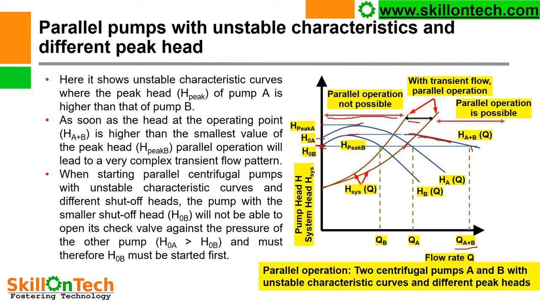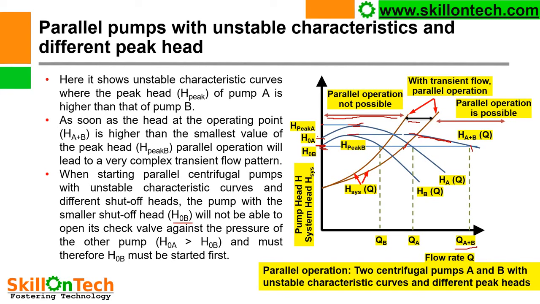The pump with the smaller shut-off head H0B, this one, will not be able to open its check valve against the pressure of the other pump H0A, because in this region the discharge pressure delivered by pump A will be higher than the head developed by pump B. So pump B will not be able to open the check valve.